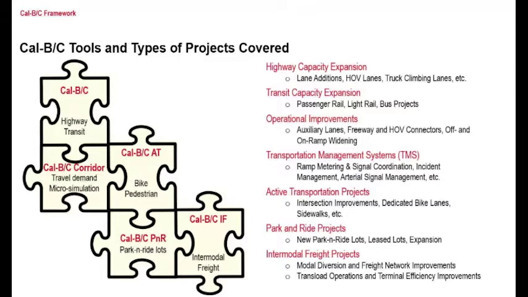The next one on the picture is CalBC Active Transportation, basically for walk and bike projects. It reflects recommended updates to a first-generation benefit cost analysis tool that Caltrans developed in 2014 in conjunction with the Active Transportation Program selection process.